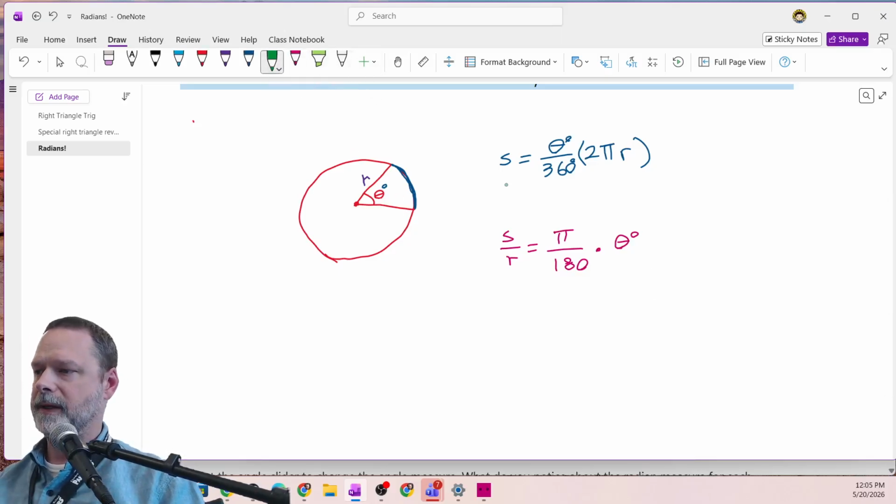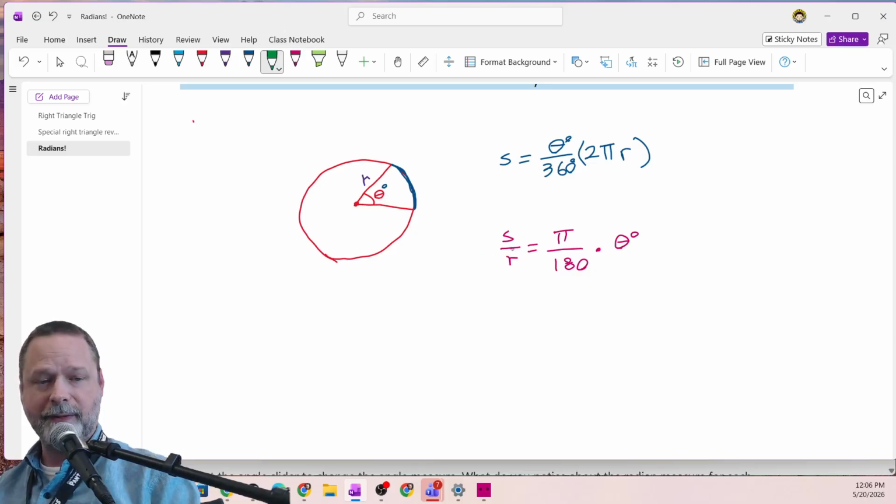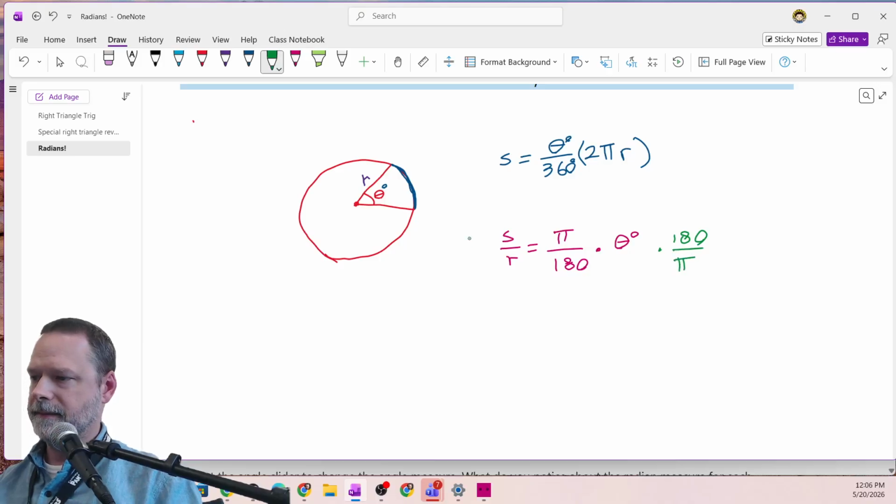And then we can do conversions with that. If I want to find how many radians, the radians is the s over r, so I'd multiply my degrees by pi over 180. Going the other way, from radians to degrees, I take my radians times 180 over pi.